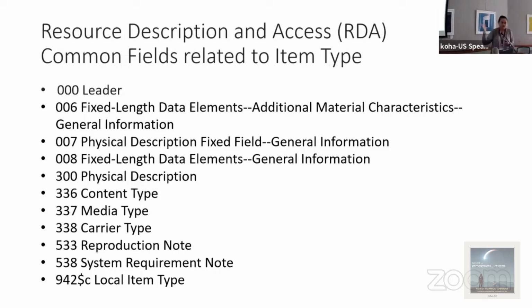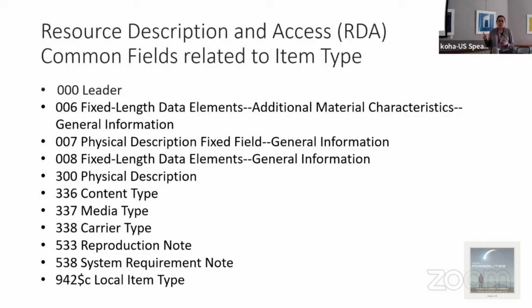So my goal was to clean all this up so that the user coming in would know what to do. The 533 is for microfiche, just to know where the reproduction came from. Some online resources have it. And the system requirement note, it's kind of helpful if it's a CD-ROM or a computer file or a DVD, especially internationally.